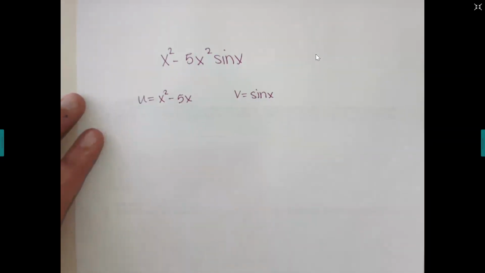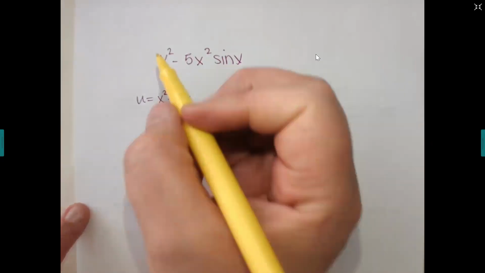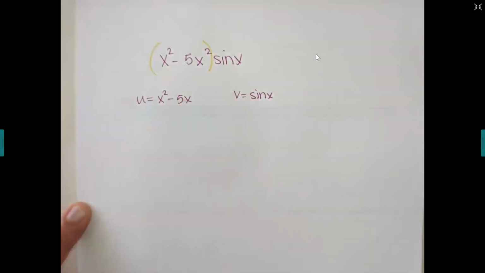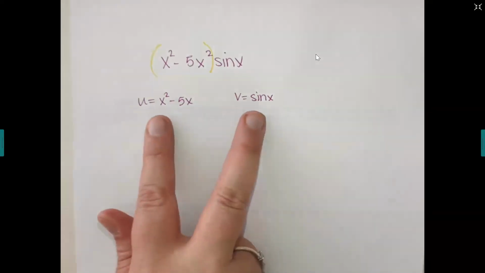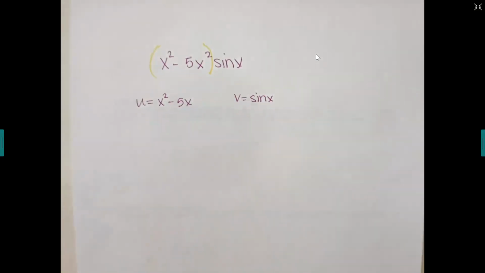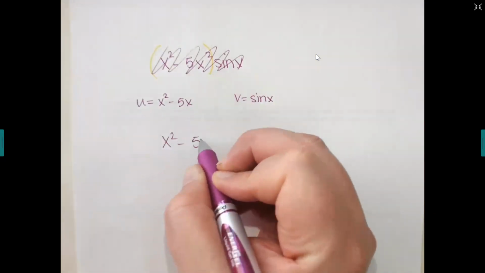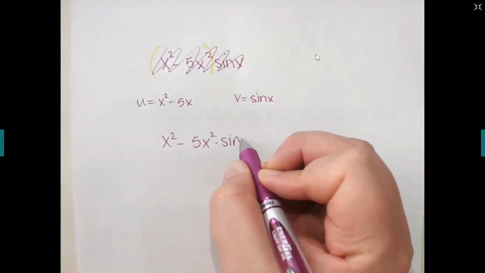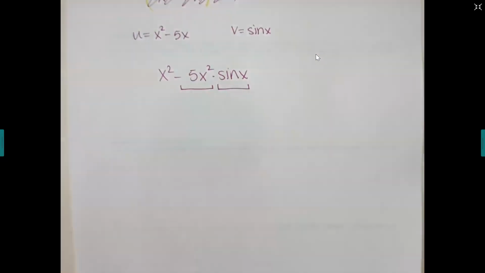That's wrong, of course it's wrong because I'm making you do it. That would be if the problem said this, but that's not what it says. If it had parentheses here, this would have been totally fine. But it doesn't say that, so let's start over. If it's x squared minus 5x squared times sine x, the only part that has a product rule is here. This is not part of the product.